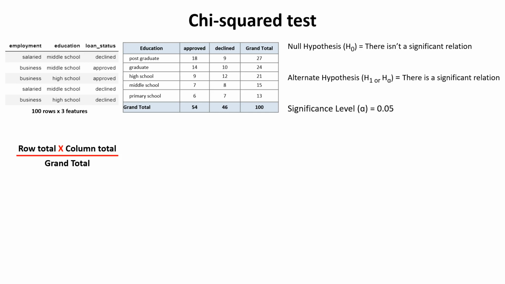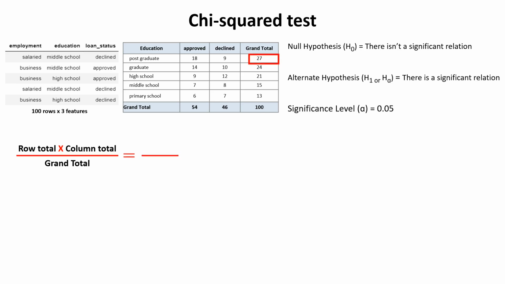Expected value is nothing but the probability of something happening. For example, what is the probability that 18 postgraduates will be approved? To find that, we take the row total multiplied by the column total and divided by the grand total. Which values are those?